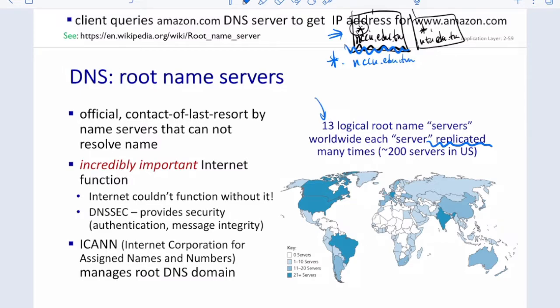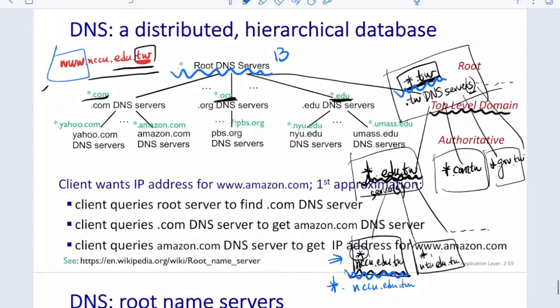Okay, and ICANN is the organization that manages those DNS servers. Of course, those replicas may be replicated by ISPs, colleges, universities. There are a lot of different organizations that help replicate those root servers, or set up the top-level domain servers.